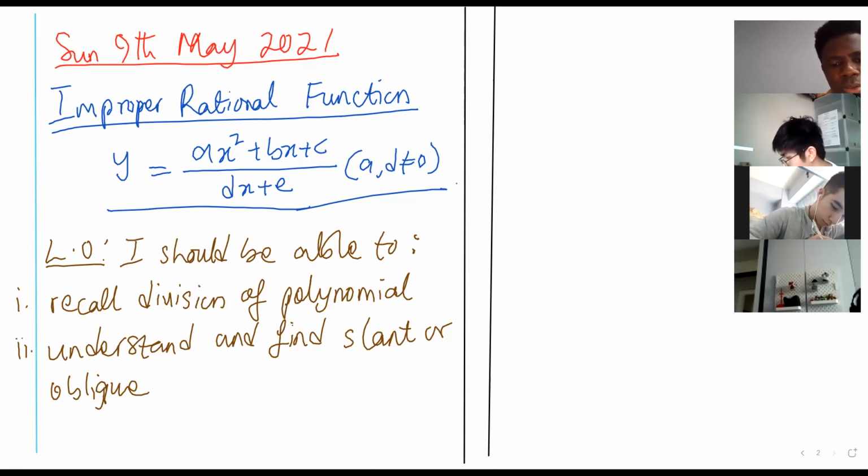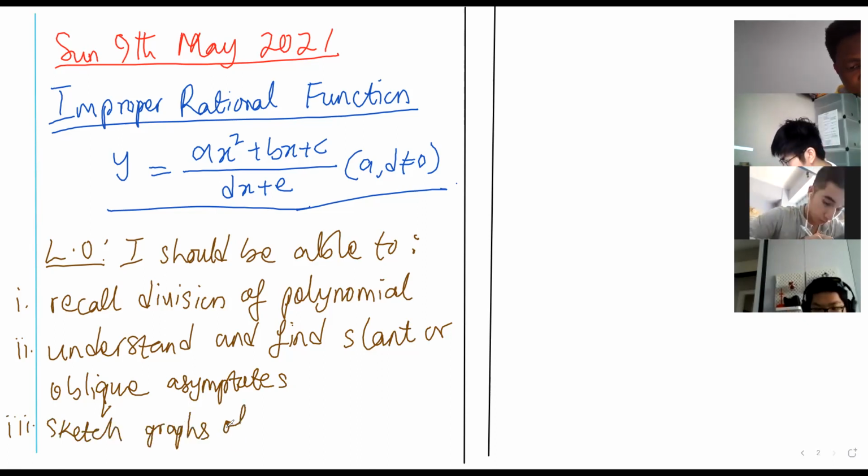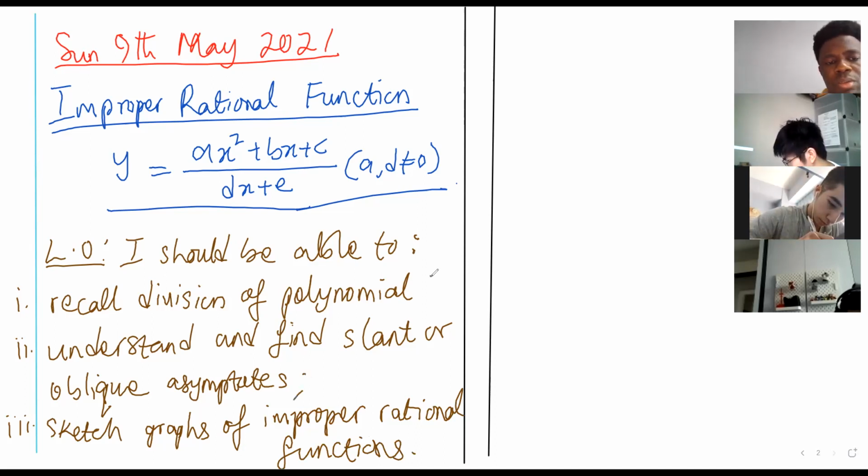I think it's a Q, not a G, sorry. So these are the two things, and of course, maybe sketch the graph. Proper rational function. Good. So these are the three ideas we are looking at today.